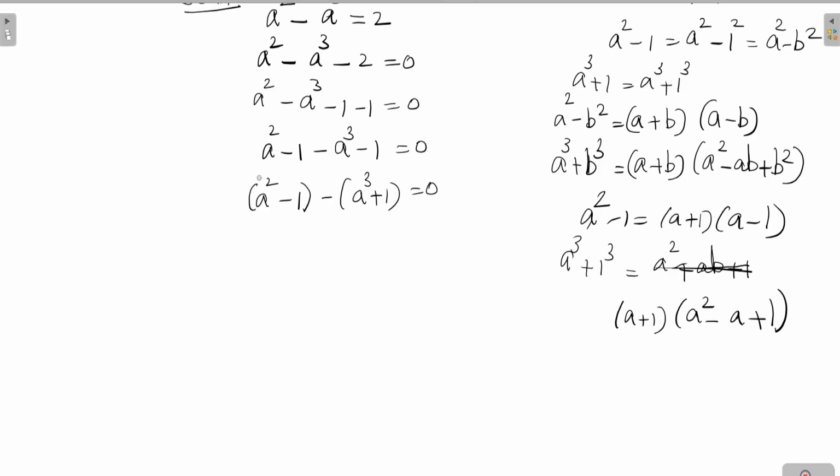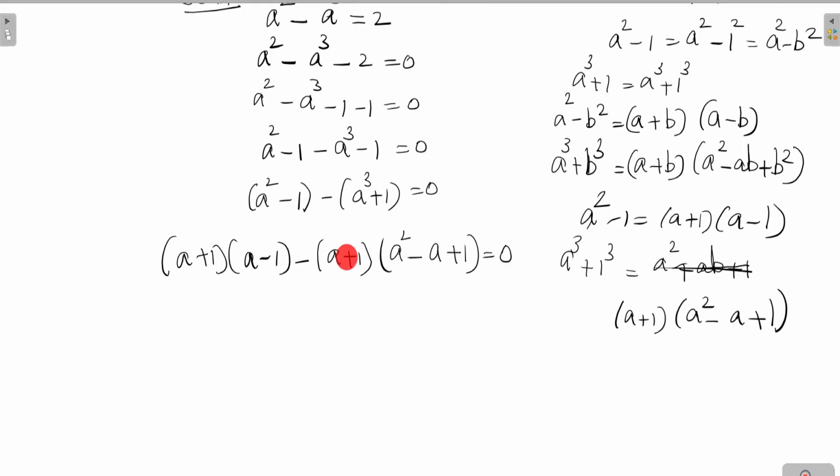Let us replace here. Instead of a square minus 1, we are going to rewrite a plus 1 into a minus 1. Minus of this expansion is going to be rewritten as a plus 1 into a square minus a plus 1, which is equal to 0. Now see, the first two factors are in one term and these are in the other term.